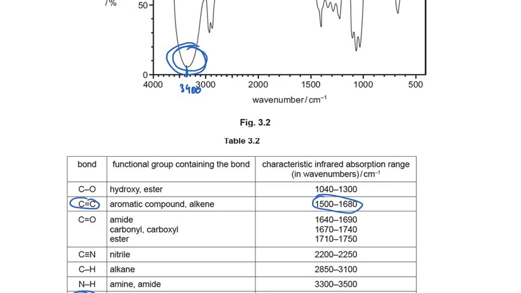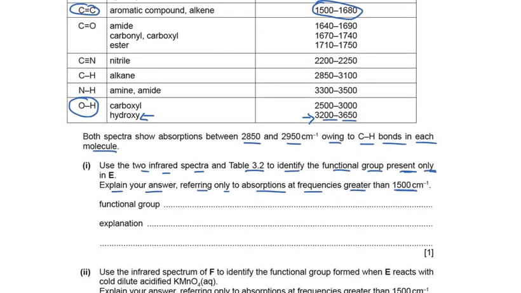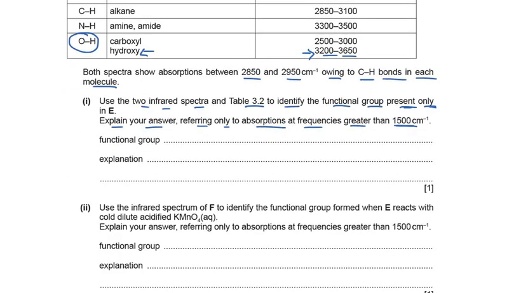Now let's see what the question is again, as we have understood the whole spectrum. It says explain your answer referring to only absorptions at frequencies greater than 1500 per centimeter.